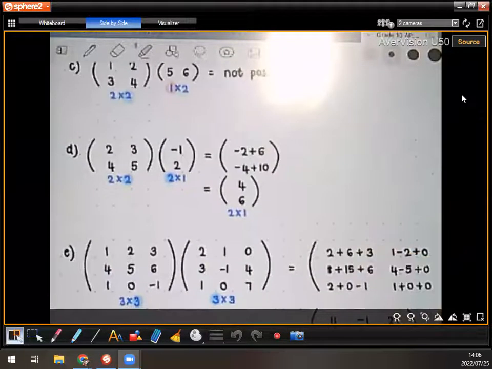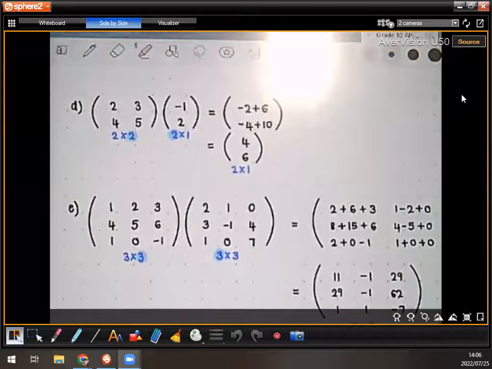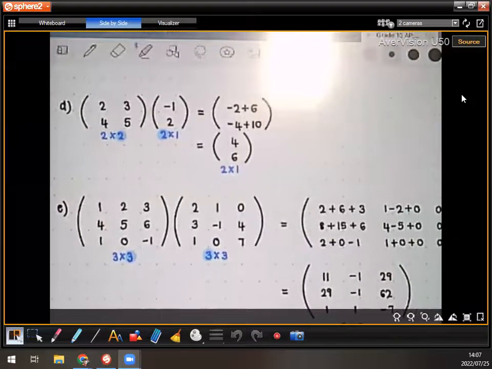All right. D, 4 and 6. This is the only multiplication where the order of the matrices matters.